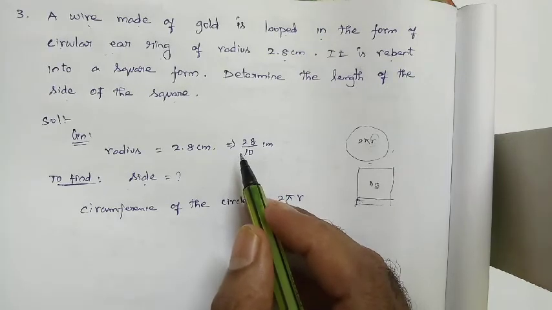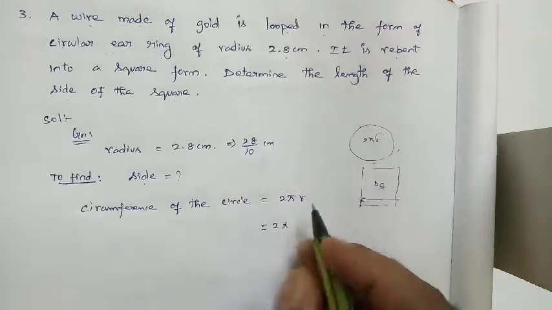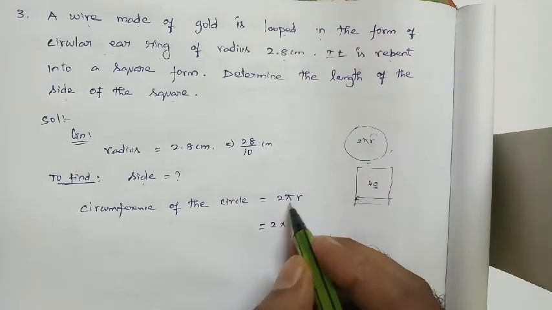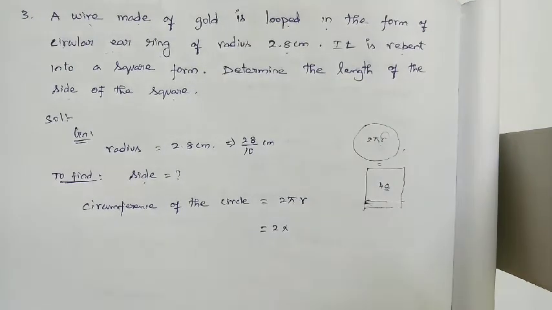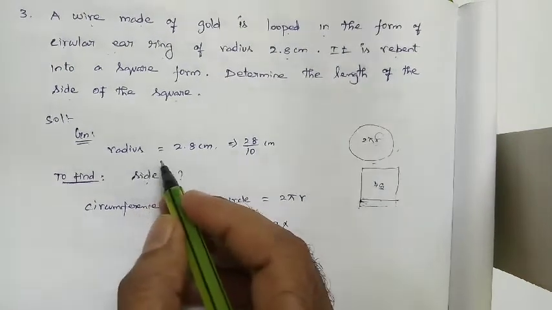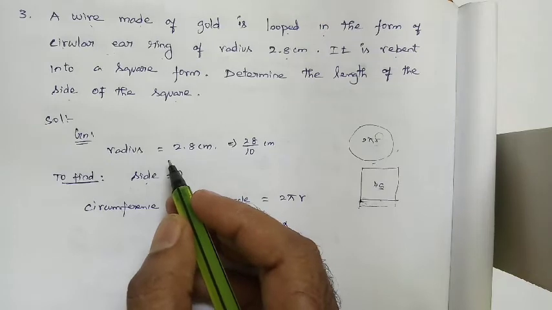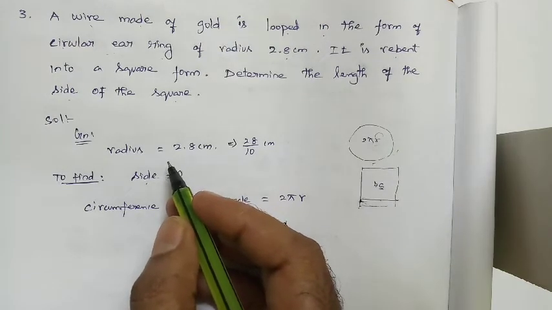So you can go for the value pi equal to 22 by 7. Suppose the radius or diameter is not a multiple of 7, then better to substitute the value of pi as 3.14.